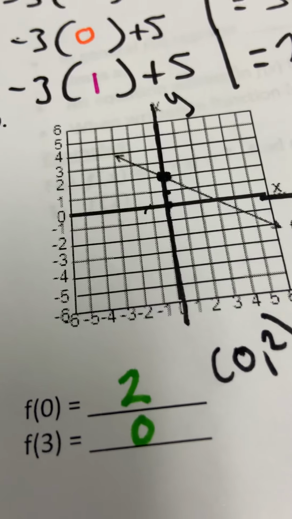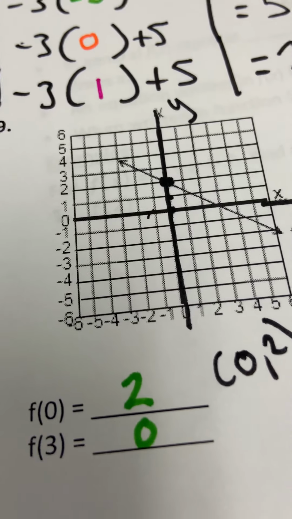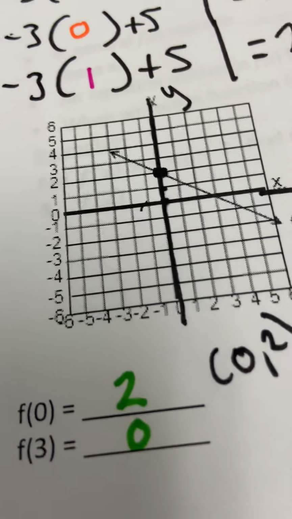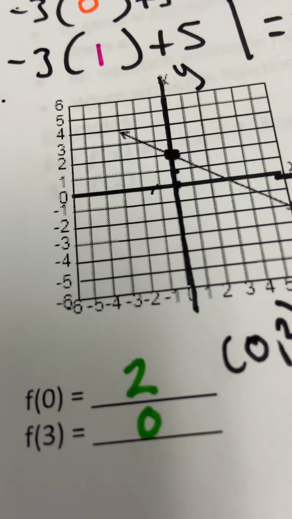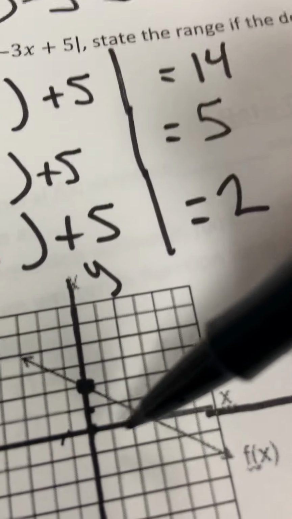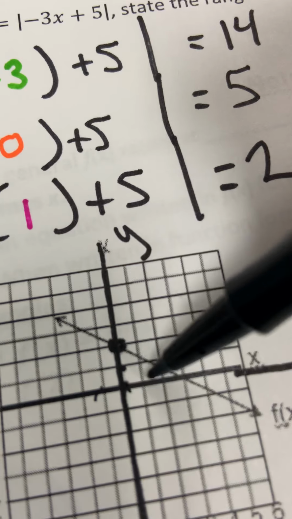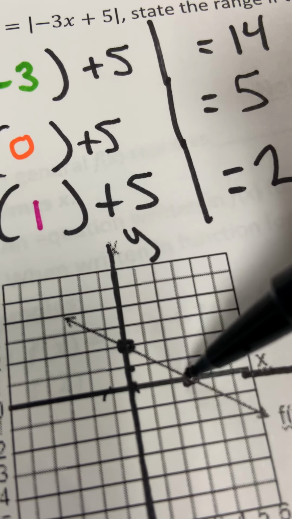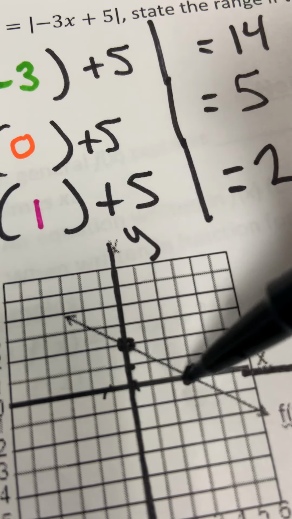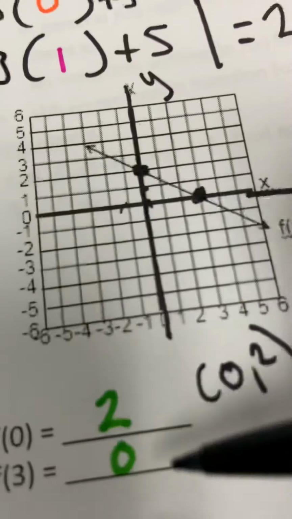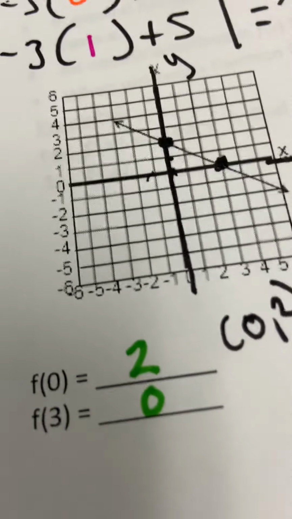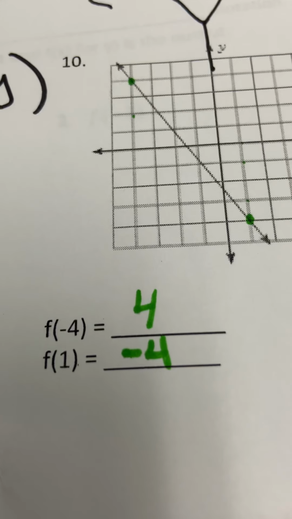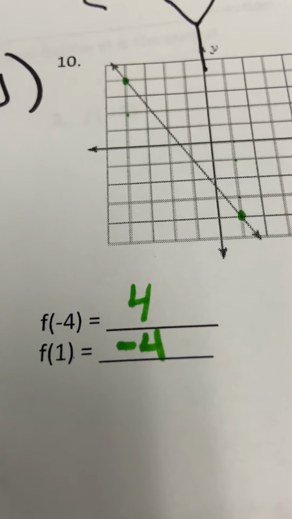So then now it's asking when x is 3, what is the value of y wherever that line crosses. So when x is 3, I'm going to go to my x-axis again, 0, 1, 2, 3. Y crosses when it's a 0. See, it's at 0. So my y value is 0. So now going to this one, it says when x is negative 4, what is my y value?